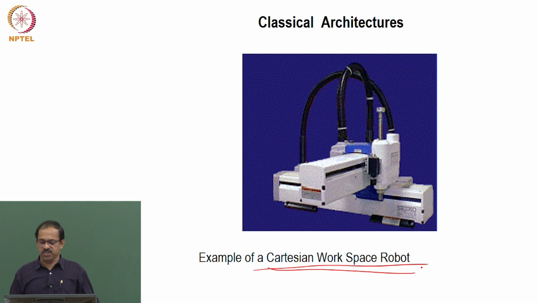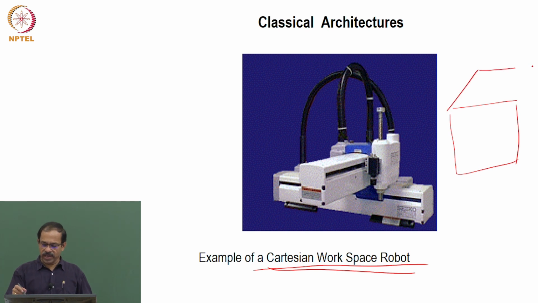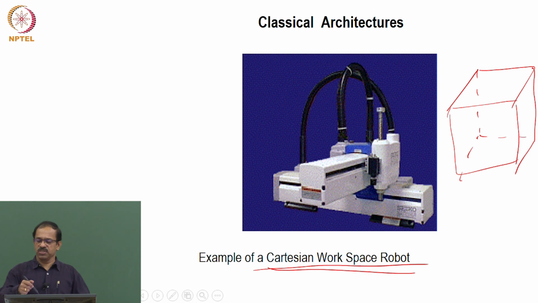The workspace is Cartesian, and depending on the construction, the workspace will be within this, and you can get XYZ positions depending on the stroke length available for the robot.